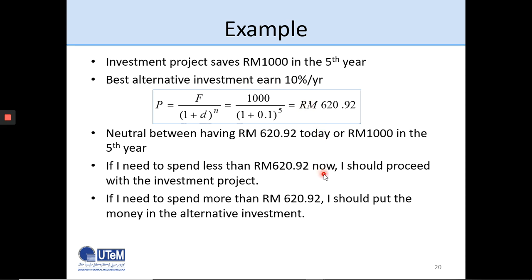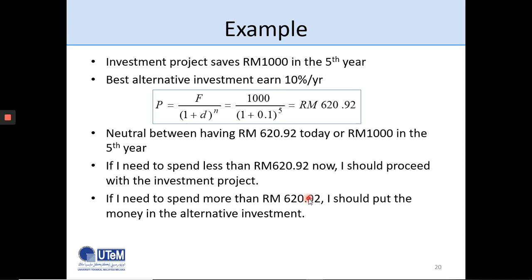So we can replace with actual values. For example, let's say I need to spend 700 ringgit. If I put it in this investment project, after 5 years, I will get 1,000 ringgit savings.